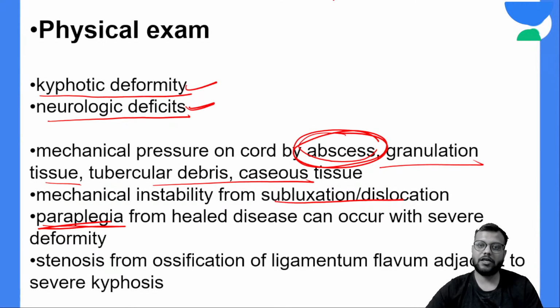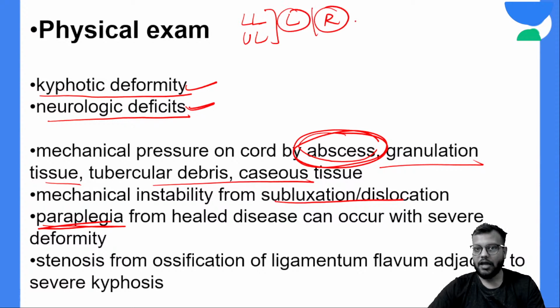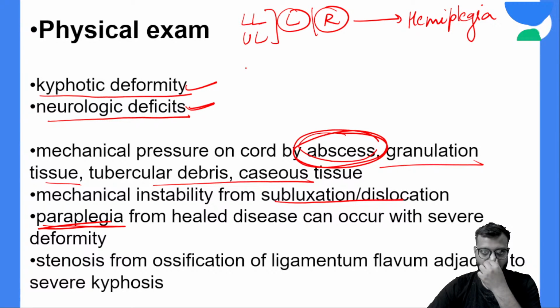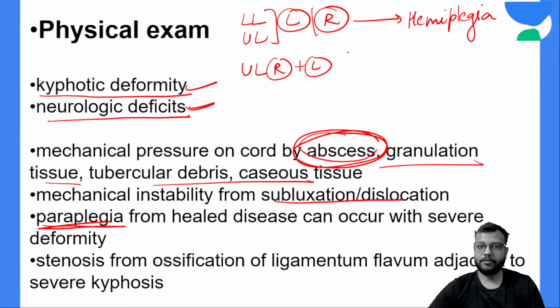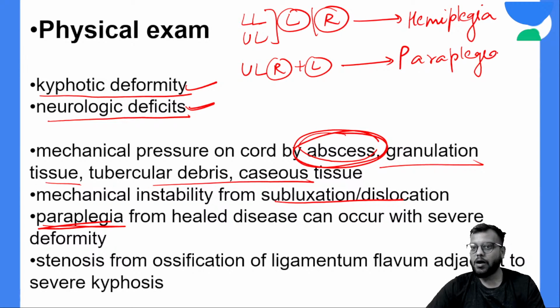Now what is paraplegia? What is hemiplegia? Remember, both upper and lower limb of the same side, like the lower limb and the upper limb, both of the left side or the right side, will be hemiplegia, whereas upper limb right plus left will be paraplegia, or lower limb right plus left, that is both lower limbs, then also it will be paraplegia.